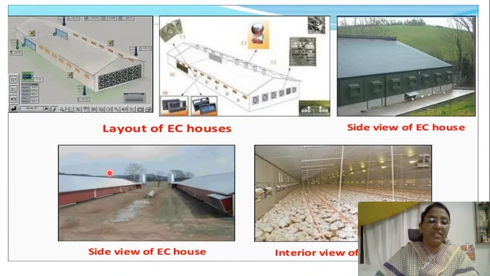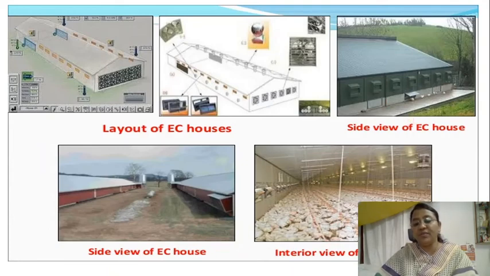This is the side of the EC house, and here the bird's interior view of EC house. How systematically they are arranged with lighting and also heaters in between, and the food tiers you can see here.